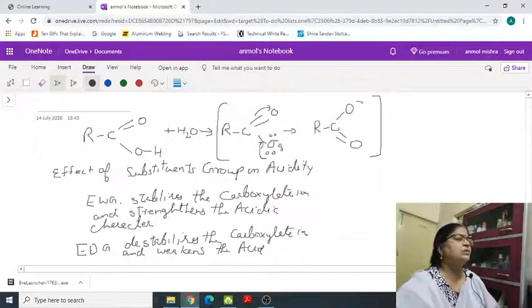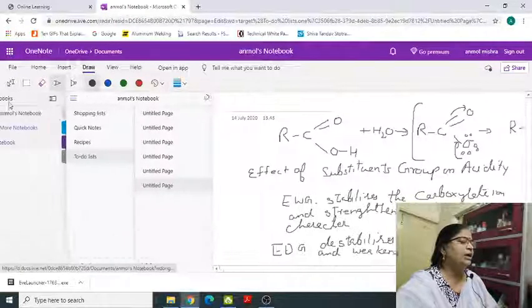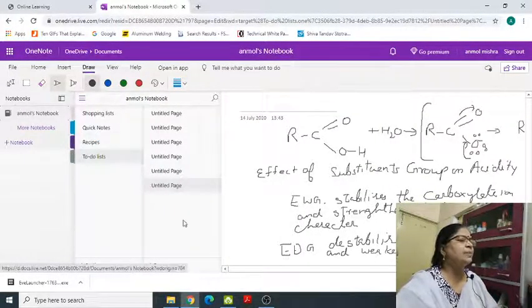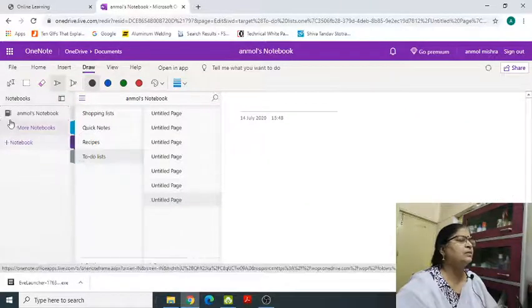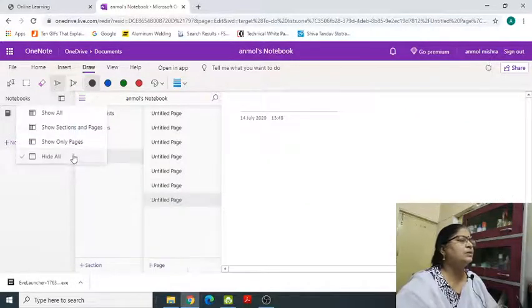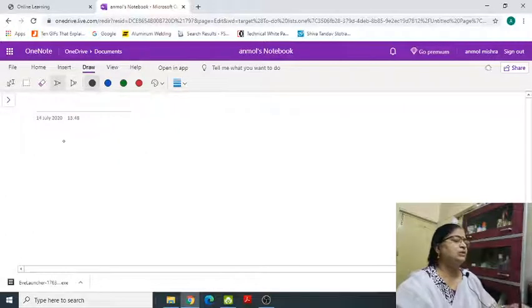Now the order of acidic character of the different functional groups.